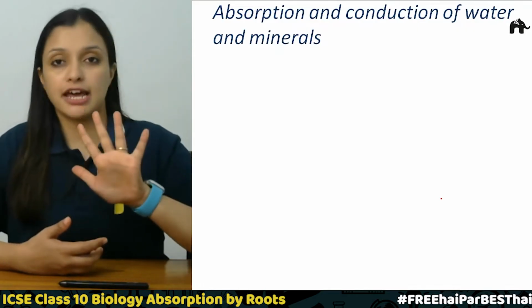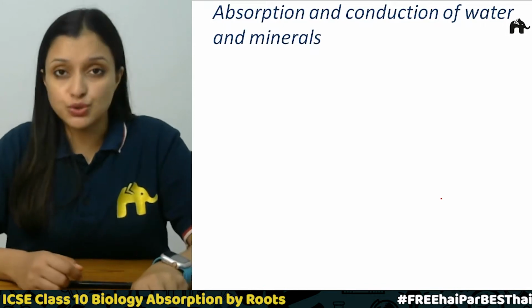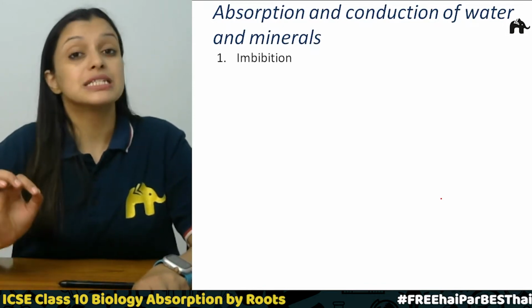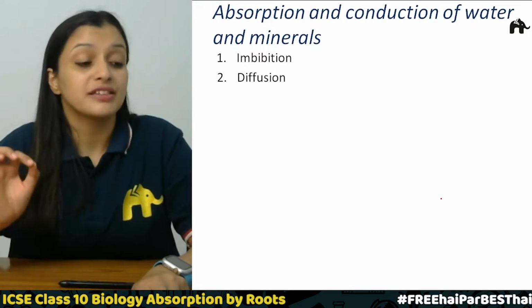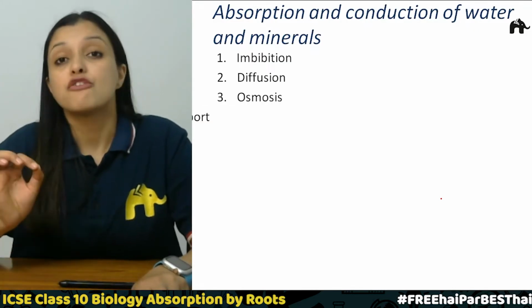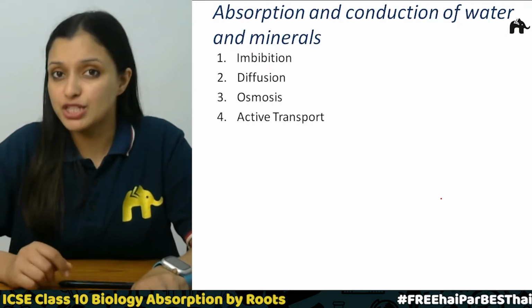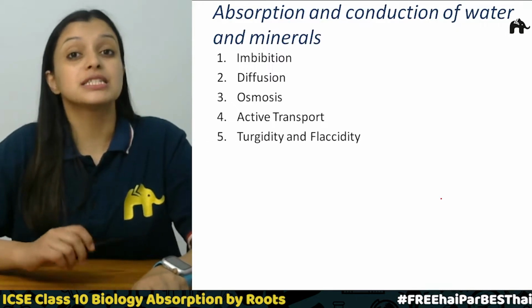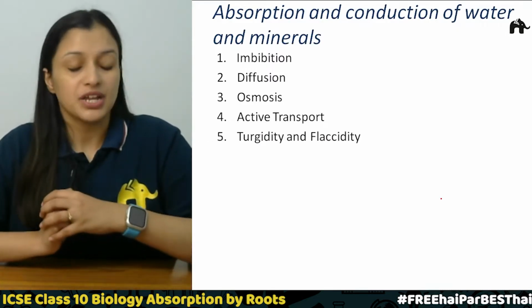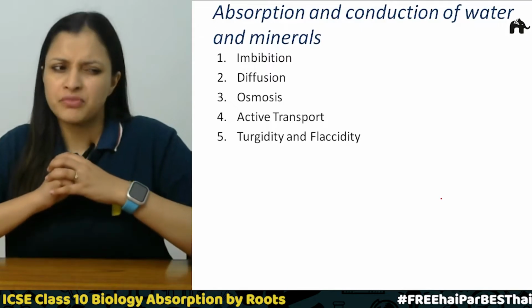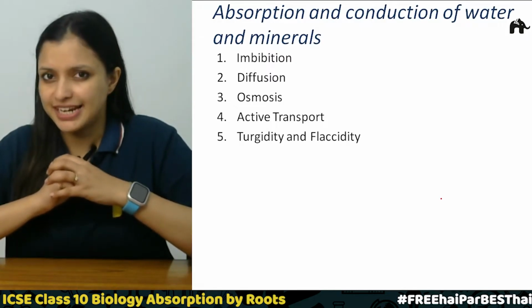So basically there are 5, right? The first one is imbibition, second is diffusion, third is osmosis, fourth is active transport, fifth one is turgidity and flaccidity, right?